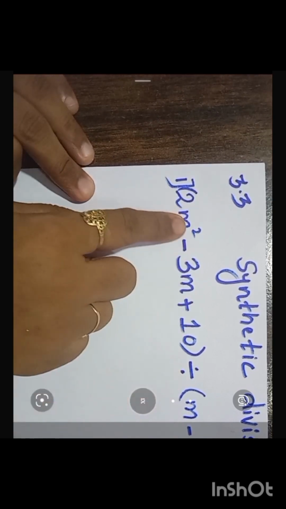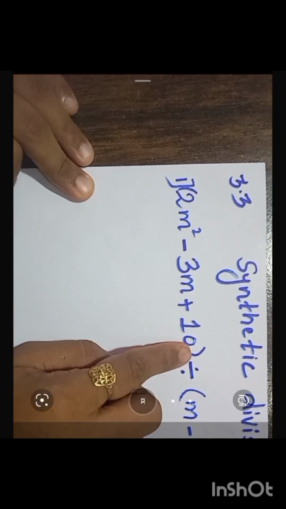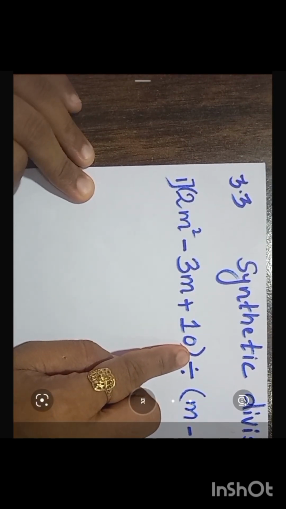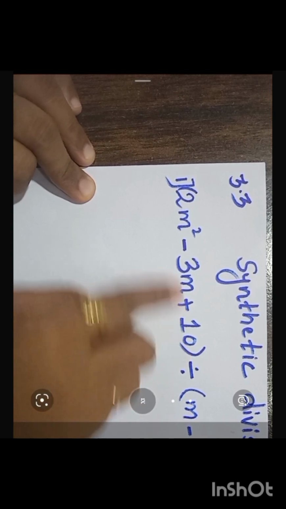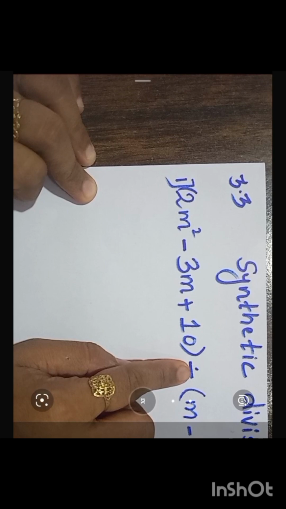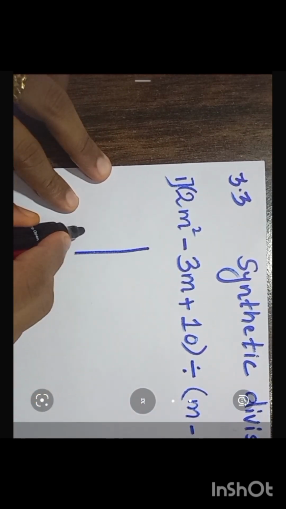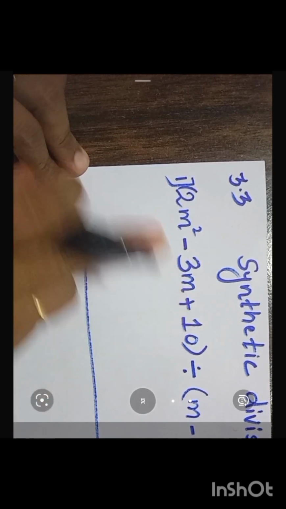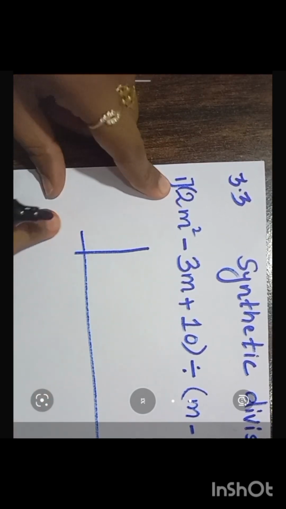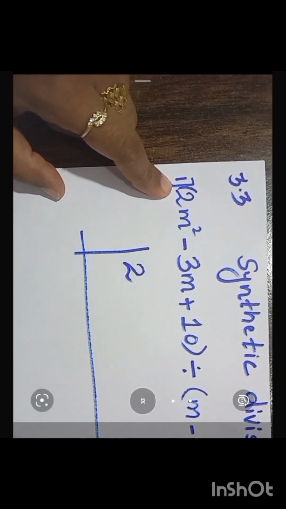So what I need to do is first check whether my first polynomial is in descending order or not, in terms of the degree of the variables. You can see the degree of the first term is 2, m has a degree 1, and the degree of the third term is 0.